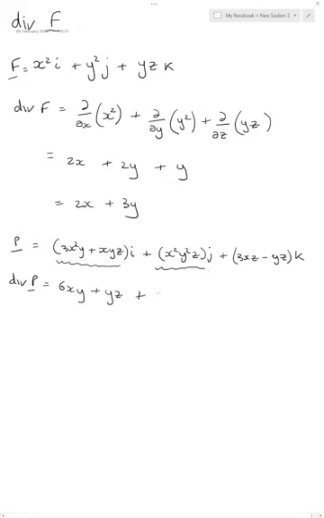So that would give us 2x squared yz, and then finally partially differentiate this with respect to z. So that would give 3x minus y. And then we have a solution for div p for that particular vector p.